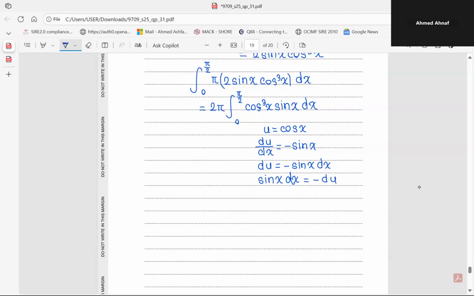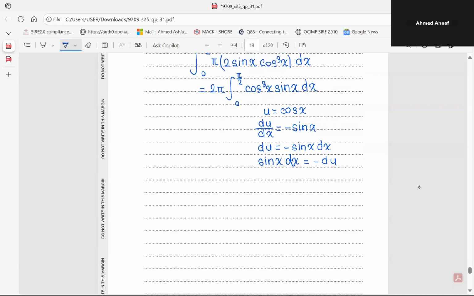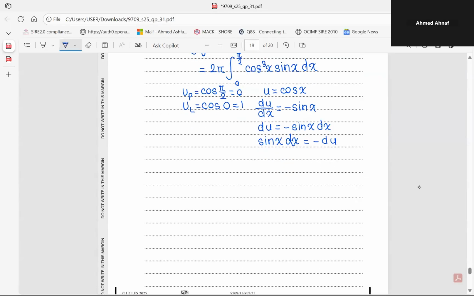Don't forget to adjust the limits for the new substitution. The upper limit would be cosine pi over 2, which is 0. The lower limit would be cosine 0, which is 1. And even if the upper limit is less than the lower limit, don't change the order of the limits.